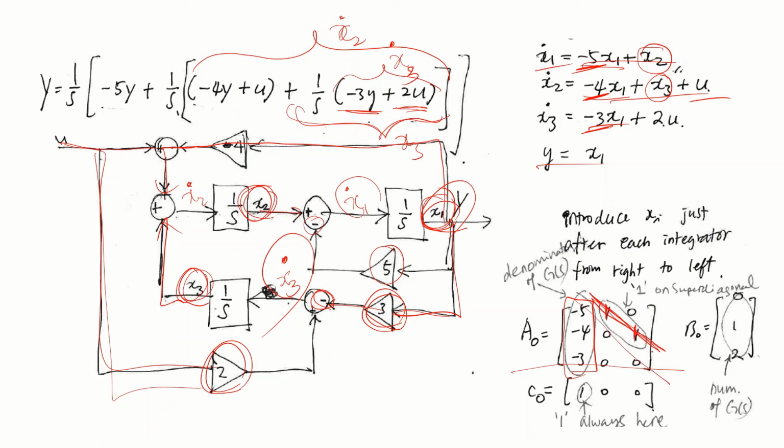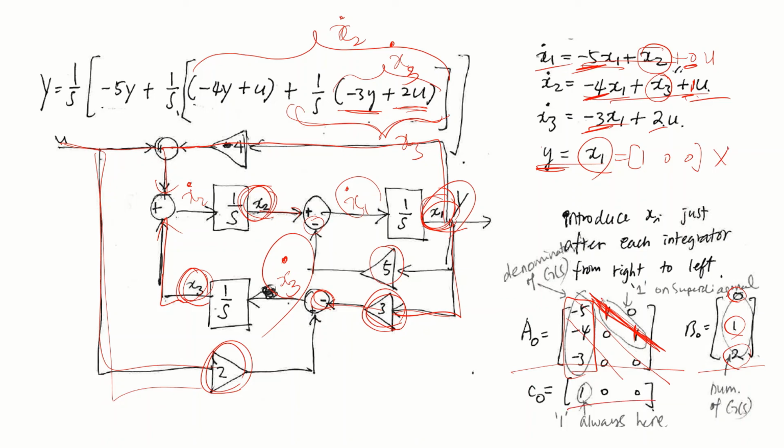This is the main diagonal, sub-diagonal, and the super diagonal. So you're going to have super diagonal terms equal to 1. How about the B? Here comes 0, u, so you have 0, 1, 2. And C, that's y equal to x1, so it's going to be 1, 0, 0. So that's why you have 1, 0, 0.